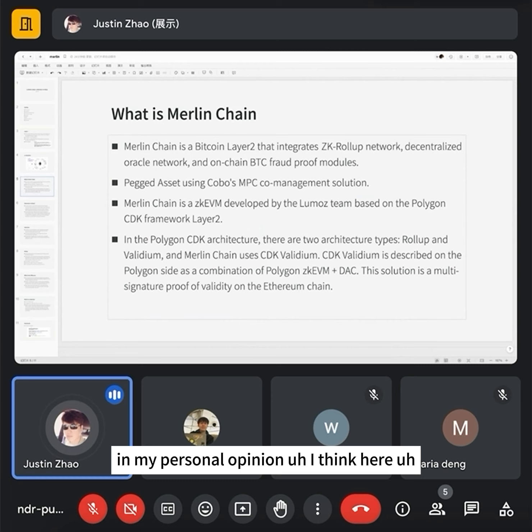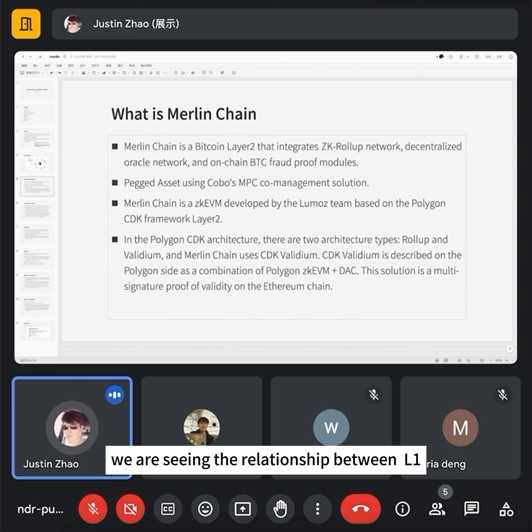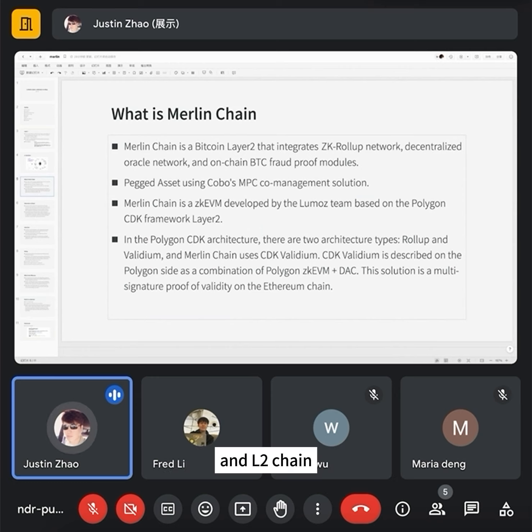My personal opinion, I think here the technical stack is a Validium. This Validium is actually the meaning for the chain itself, but when we say layer 2, we are talking about the relationship between layer 1 and the layer 2 chain.